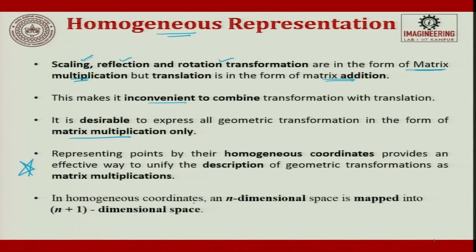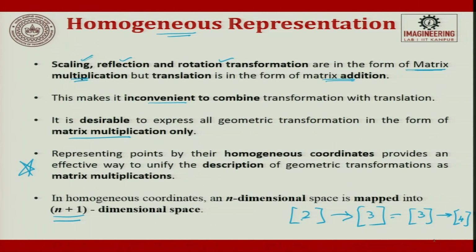In homogeneous coordinates, an n dimensional space is mapped into n plus 1 dimensional space. This is what homogeneous representation is. If you have 2 cross 2, you will write it as 3 cross 3, and you will represent it as 4 cross 4, right.